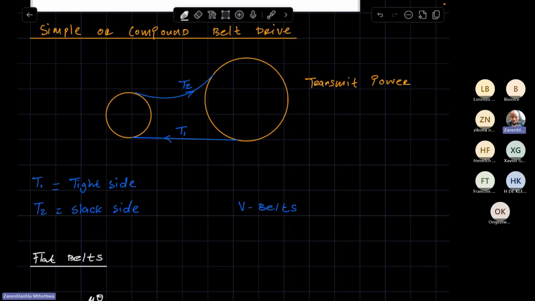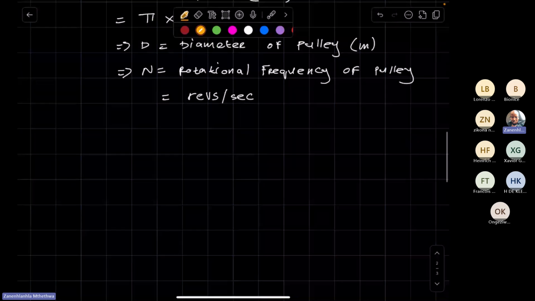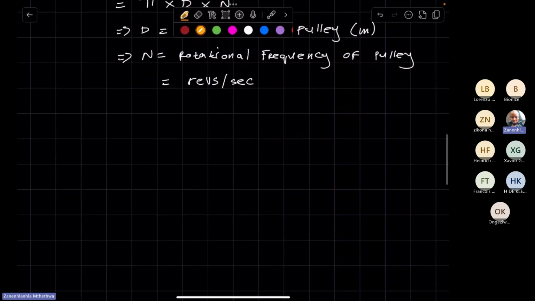So that is to say, if we take this pulley as 1 and take this pulley as 2, you have V1 and you have V2. If the curvature velocities of the two pulleys are the same, it means V1 is equal to V2.